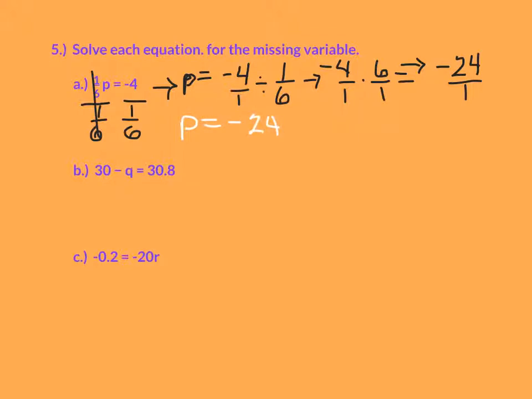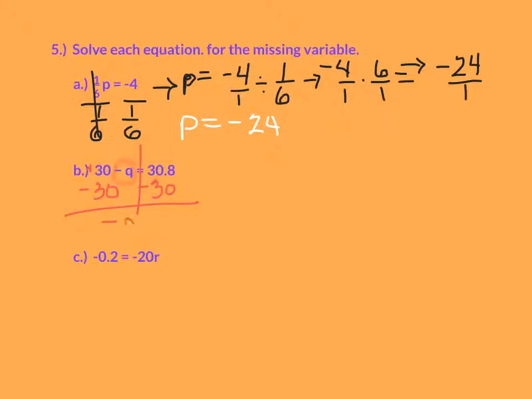Next, we've got 30 minus Q equals 30.8. This one is a little bit trickier, but that's fine. We still got this. So I look at this and say the opposite of 30, because this is always positive, or plus 30, would be to subtract 30 from both sides. Now be careful here, because this right here is negative Q. You can't just drop the negative.